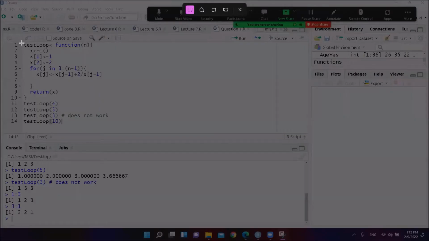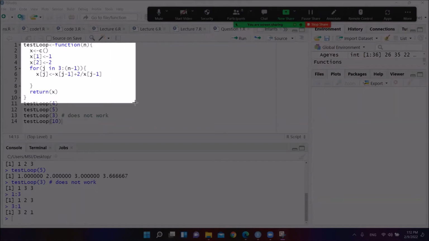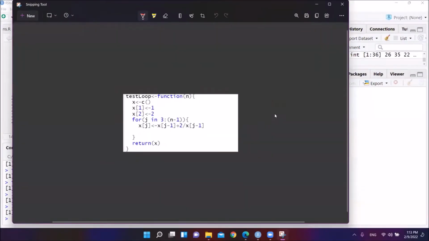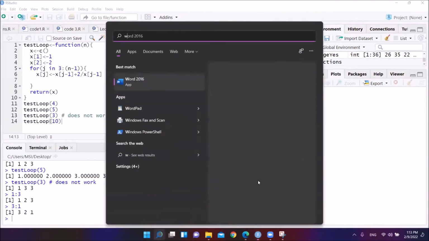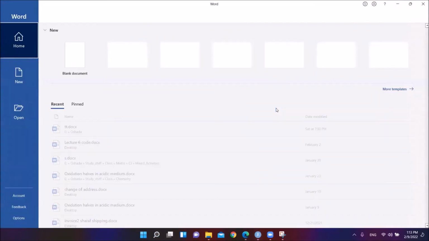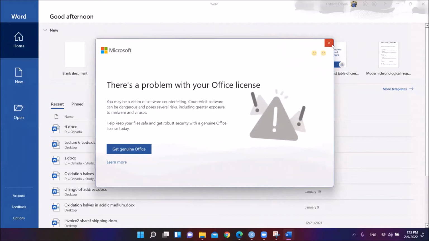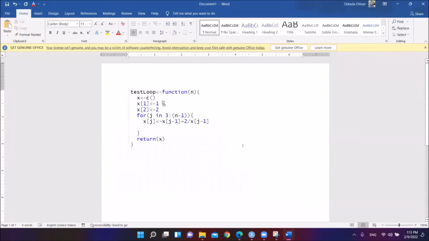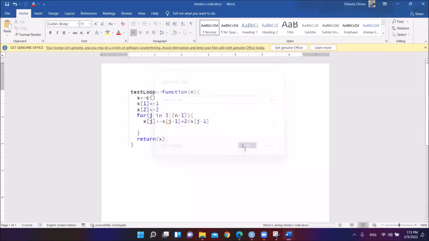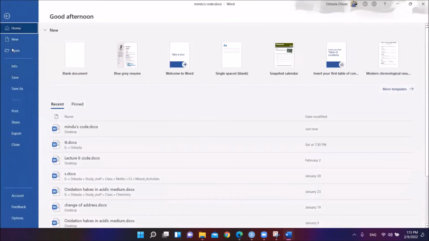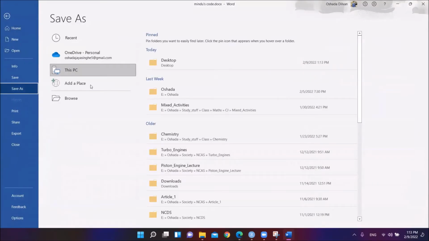So let me snip this out and paste it. I think I can doodle on it when I save it as a PDF.